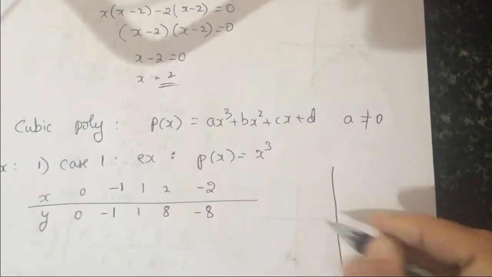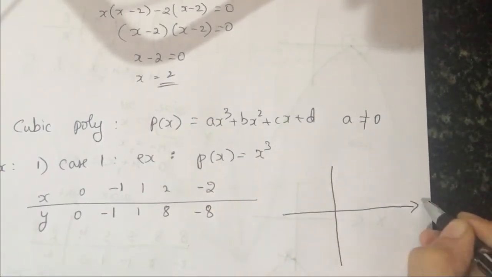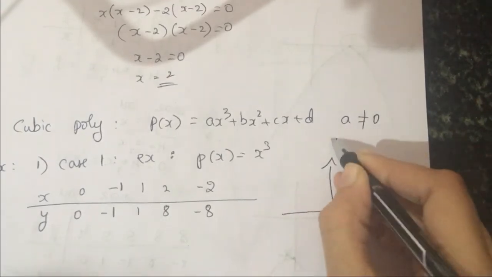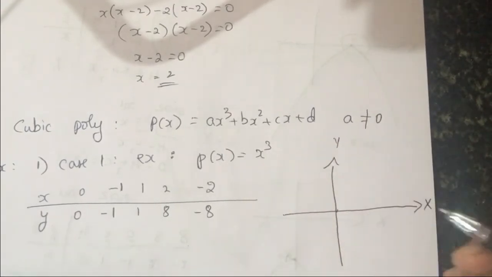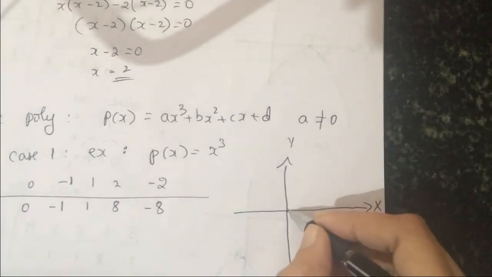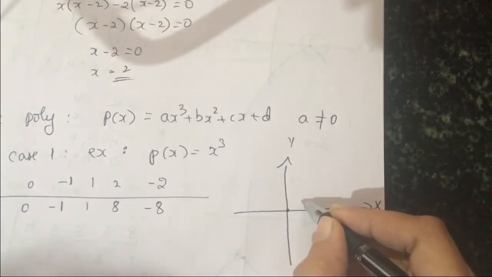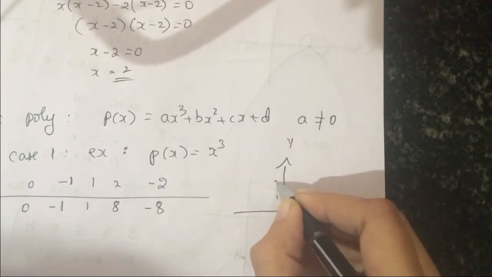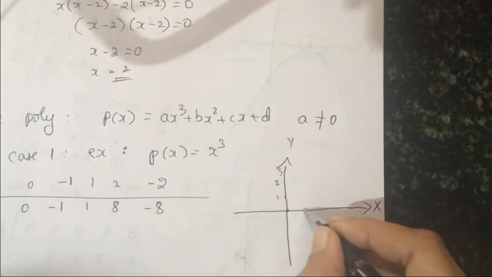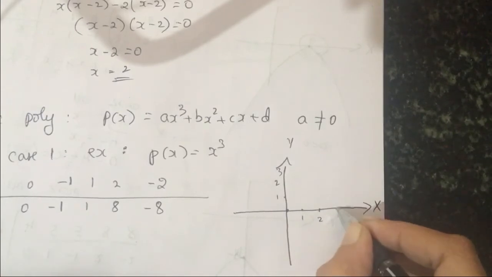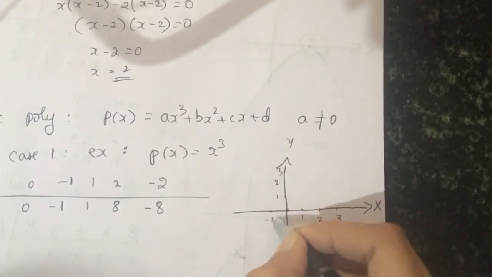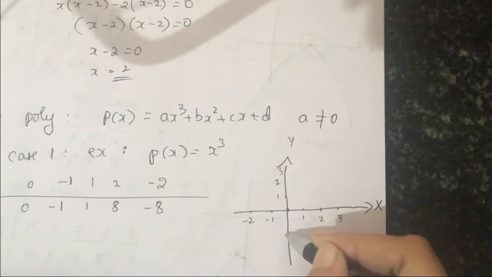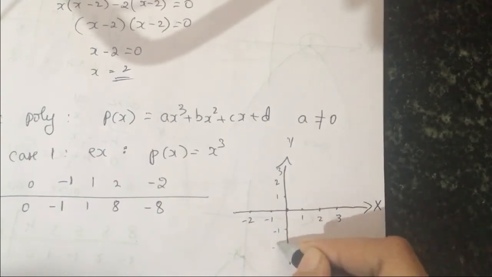How will the graph be? X-axis, y-axis. When x is 0, y is also 0. When x is 1, y is 1. You can cross check.